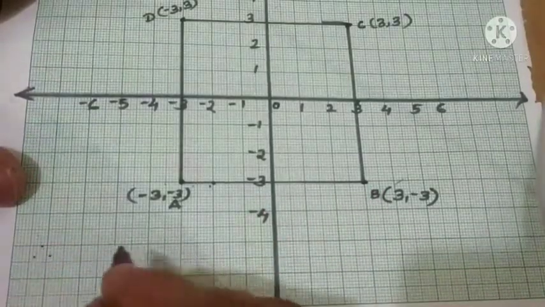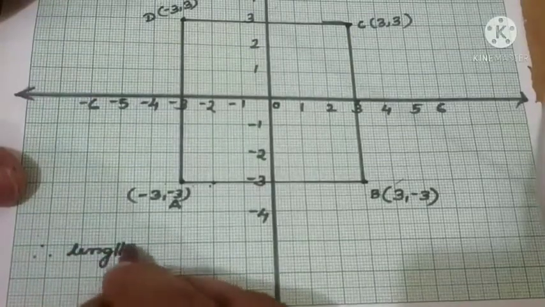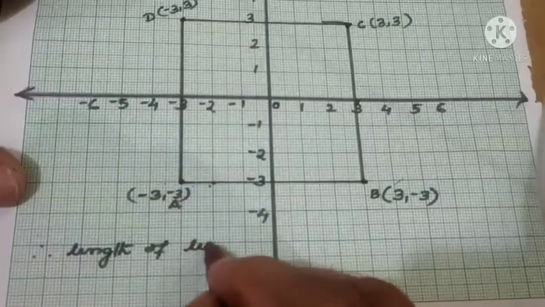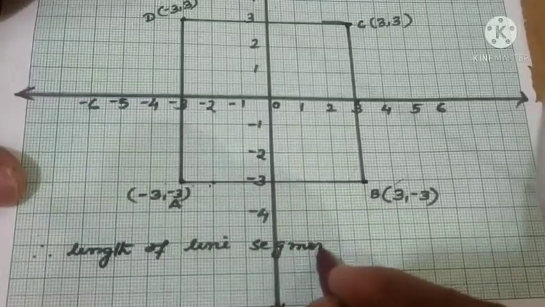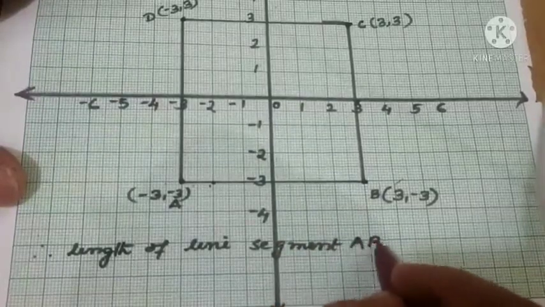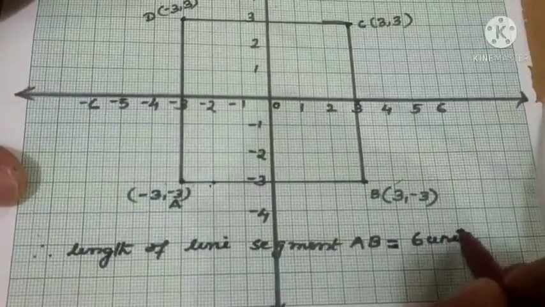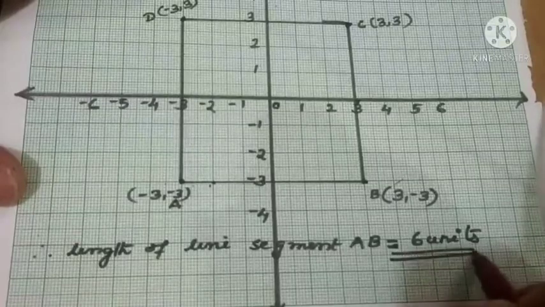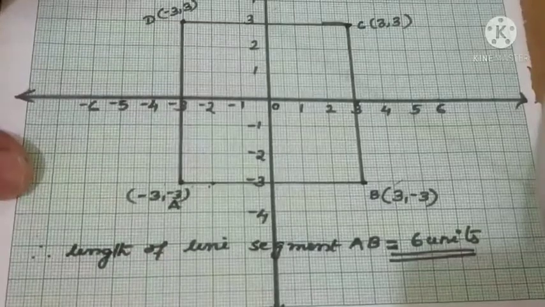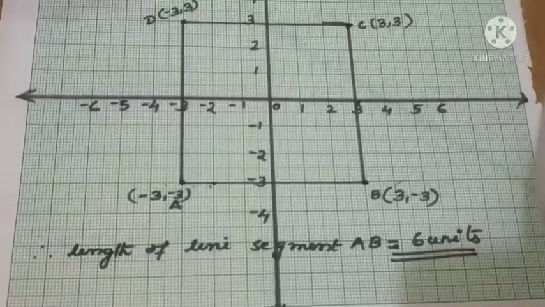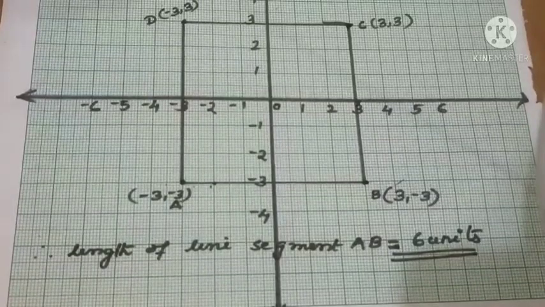So the length of line segment AB equal to 6 units. We have to count each one unit, then we can see that AB equals 6 units.